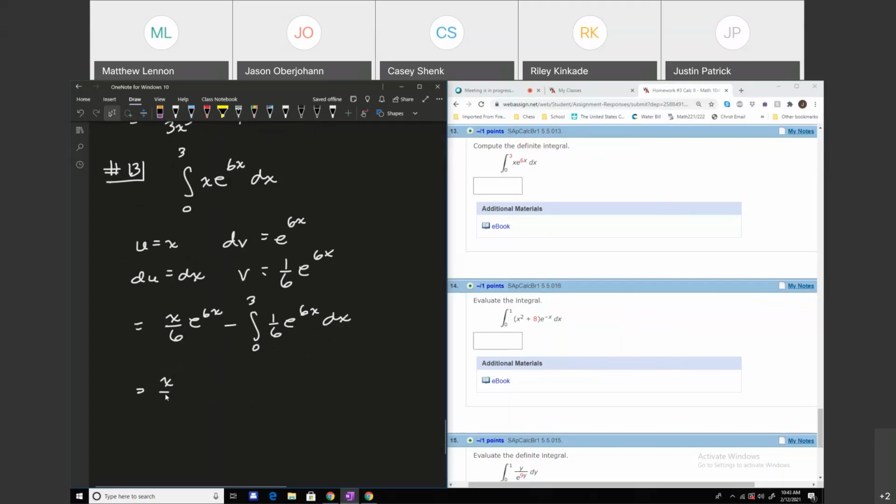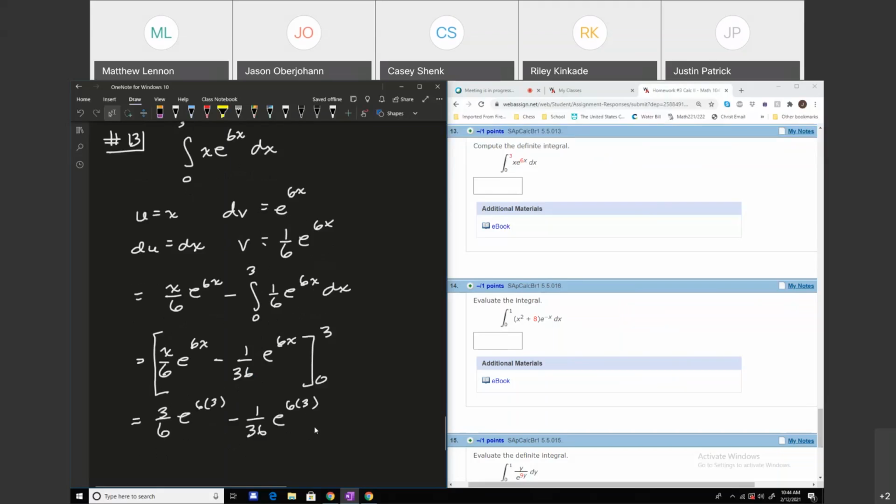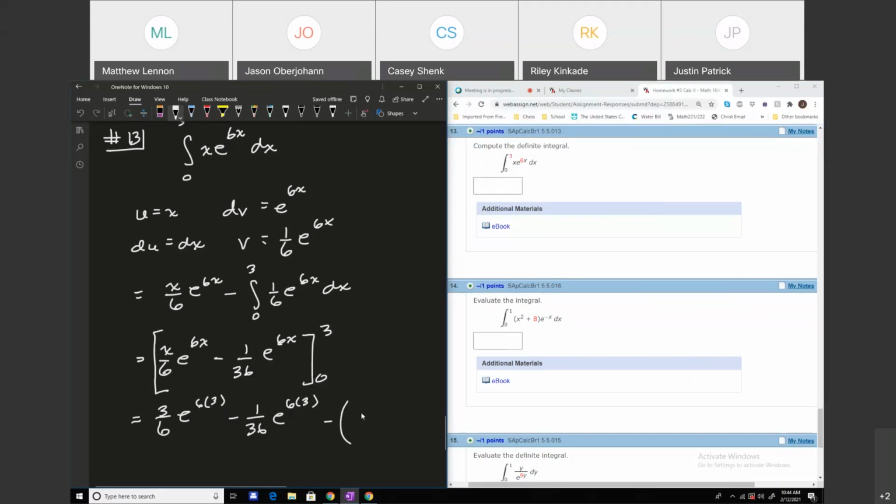So we have x over 6 e to the 6x, and then we divide by 6 again, so this is just 1/36 e to the 6x, and we're going from 0 to 3. So you have 3 over 6 times e to the 6 times 3 minus 1 over 36 times e to the 6 times 3, and then minus, well, the first term goes away, that just becomes 0 because we have 0 there, and then we have minus 1 over 36 e to the 0, which is 1.